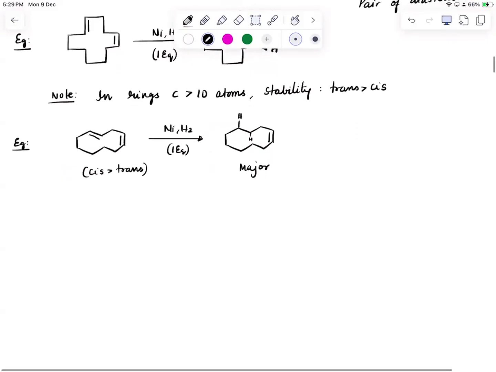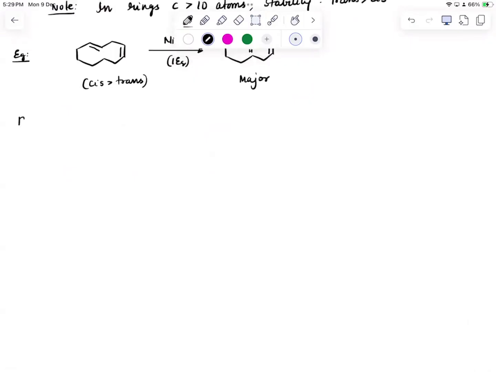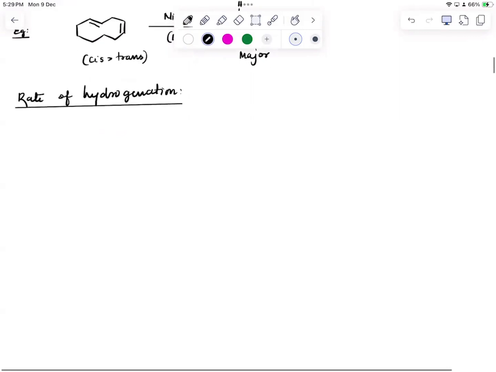Okay. Next case, you notice that is about the rate of hydrogenation. See, because hydrogenation happens mainly on alkenes and alkynes, you would see that the bulkier the alkenes and alkynes become, the less is the ability to come close to the metal surface.